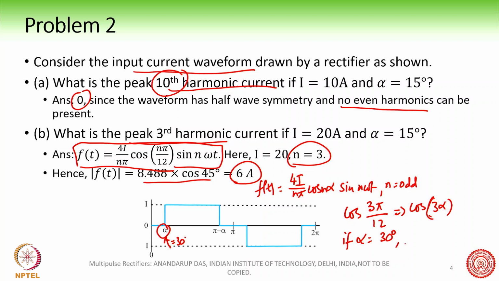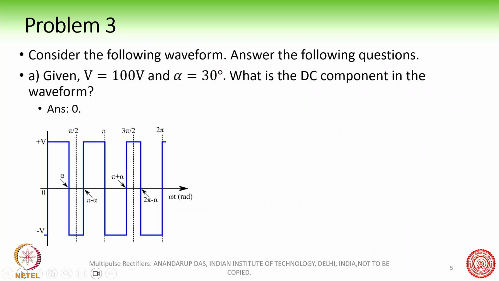Then this value will become equal to 0, right? So the third harmonic in this waveform will remain absent if alpha is equal to 30 degree. Okay, so that is something which we can also observe, right? So this is the second problem.